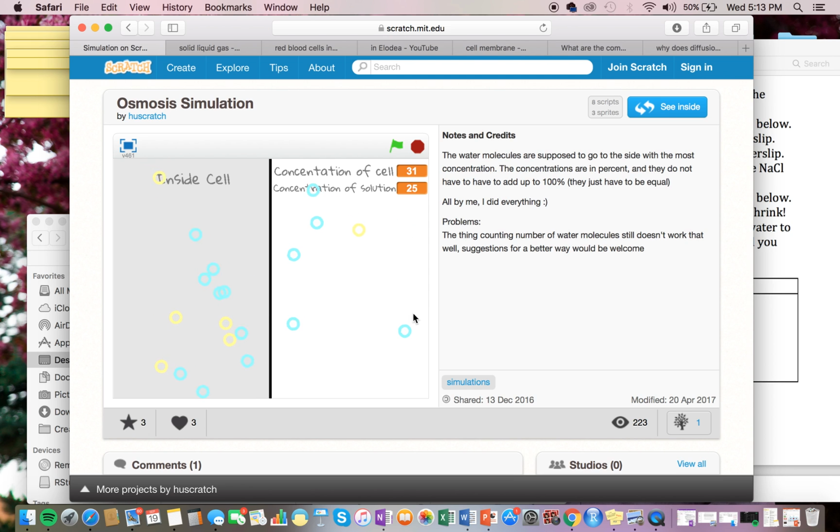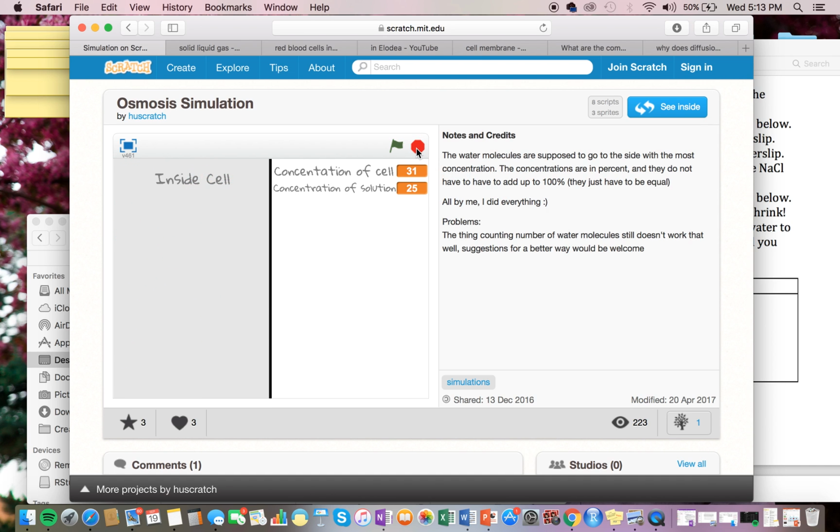And you'll notice that over time, due to random molecular motion, the concentrations are going to be pretty similar. And they're going to keep going until they're isotonic. And that doesn't mean that they'll stop moving. That just means that they'll be moving so constantly, randomly, that the solution concentrations will be the exact same.